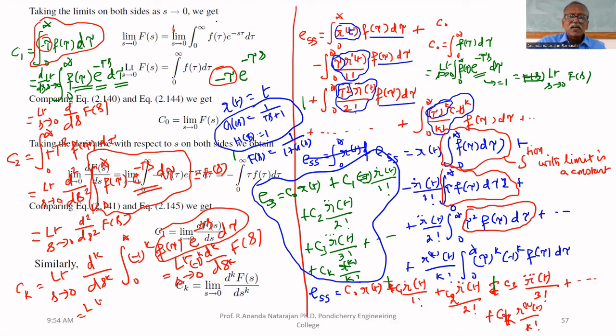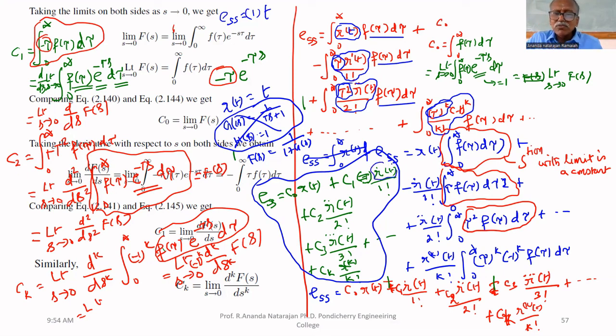Let us assume that C0 equal to 1, for some transfer function, not this transfer function. Steady state error equals C0 multiplied by t. R of t we know. What is the first derivative of r of t? 1.